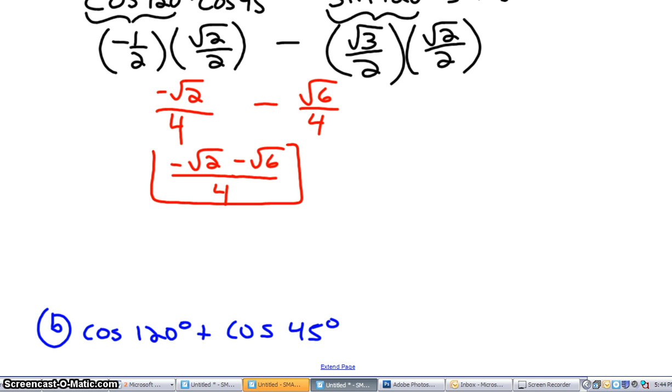Now this is a pretty nice, tight, complete answer. However, we could rewrite that as a negative and then radical 2 plus radical 6 over 4.